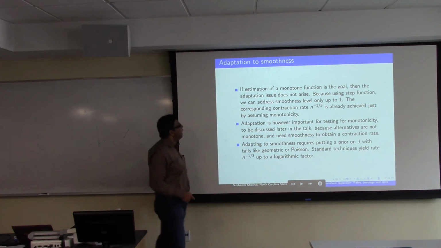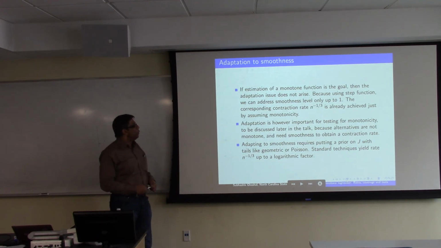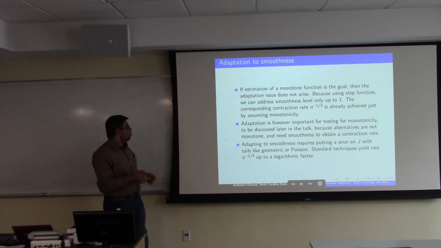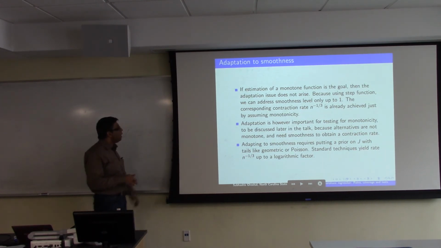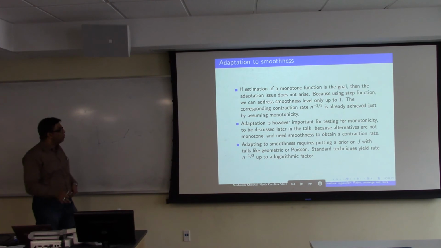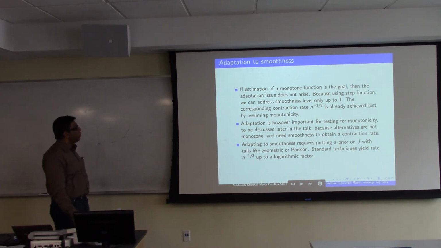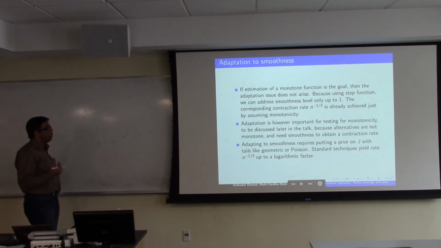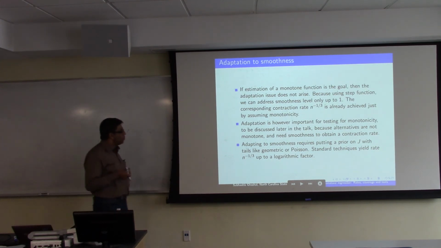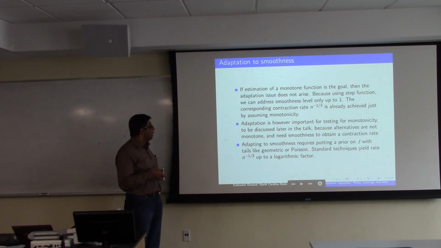So up to smoothness 1, the additional assumption does not give anything better. If it's more than that, then you just use smoothness. So it's not an issue for estimation, but it will be an issue when you look at testing, because the alternatives are not monotone, and there we'll have to look at their smoothness to quantify their rate.